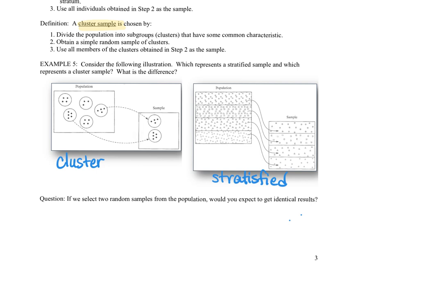No. Why not? You're right. Why not? Say it again. Because it's random. Yes. And what do we know about the individuals in each sample? Will they give the same results or different results? Different results. Very good.